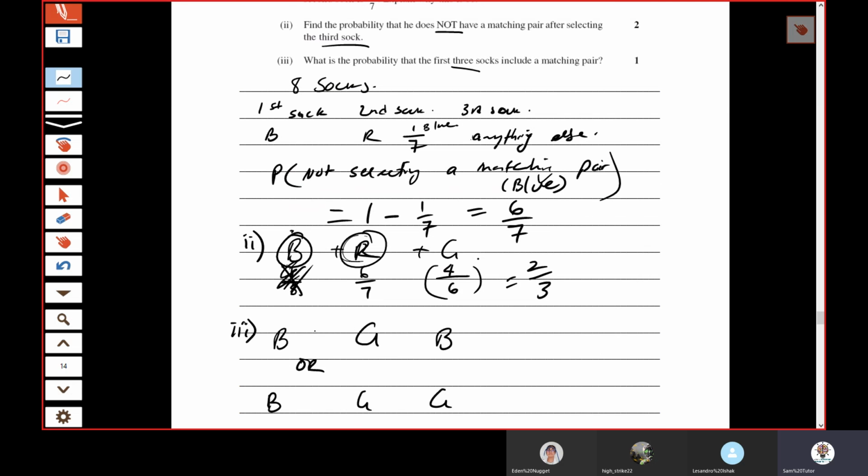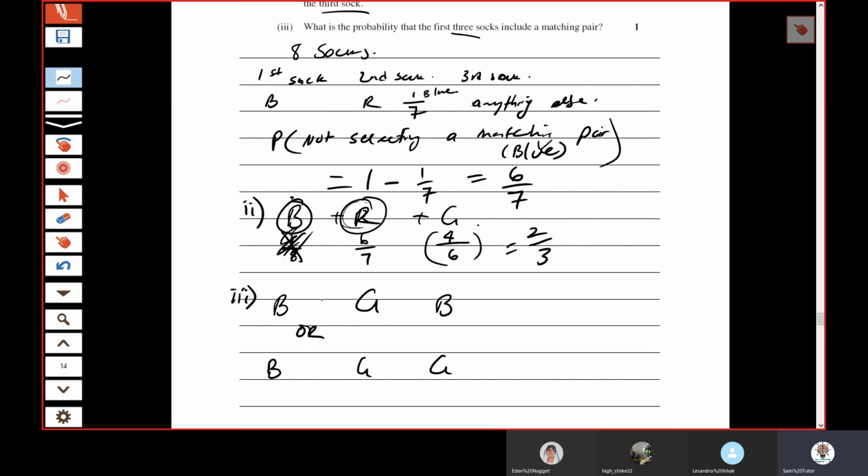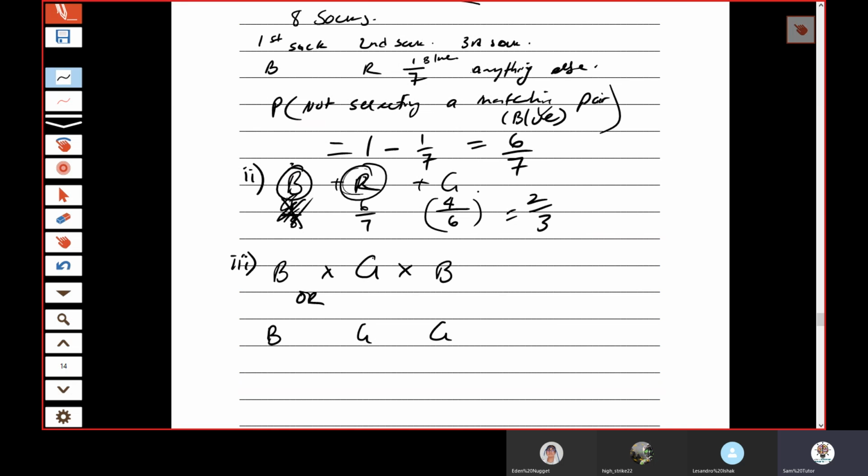Blue. All right. So this times this, because this is dependent on this. All right. So blue. Blue is 1 out of 8 times green.